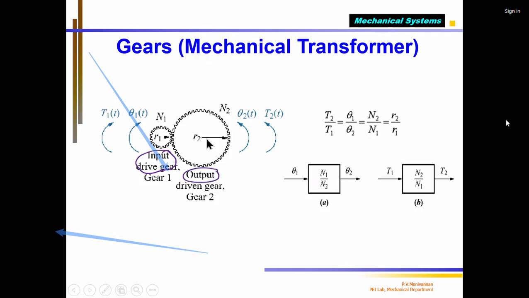According to this figure, the gear ratio, which all of you already know, can be given by this formula, where T1 is the number of teeth in the first gear, T2 is the number of teeth in the second gear, theta 1 is the angular displacement of the input gear, and theta 2 is the angular displacement of the second, output gear. Output gear I call 2, and this I call 1.